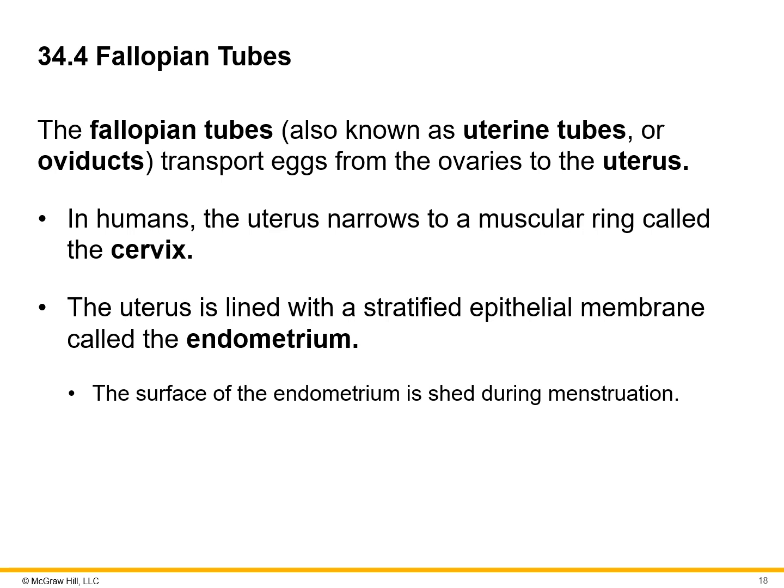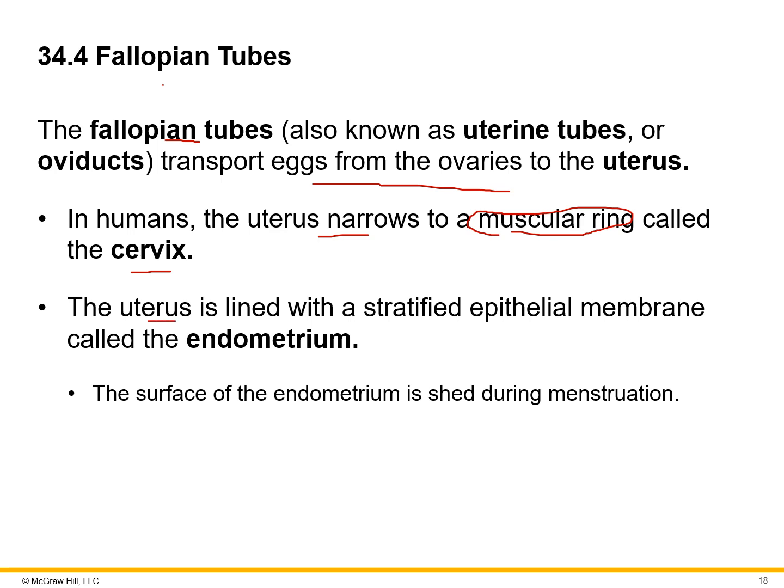Once it's released, it travels down the fallopian tubes, or uterine tubes, or oviducts, a couple of different names there, which transport the egg to the uterus. The uterus narrows as it starts to exit, and there's a muscular ring called the cervix.